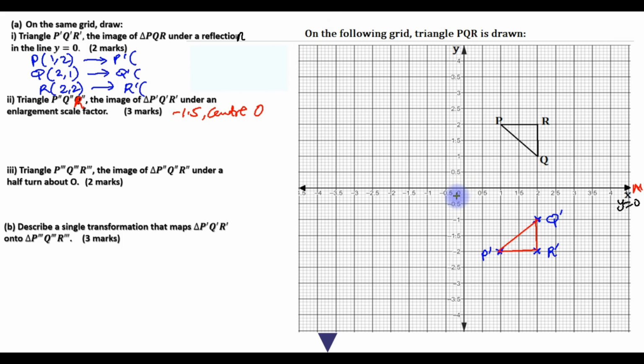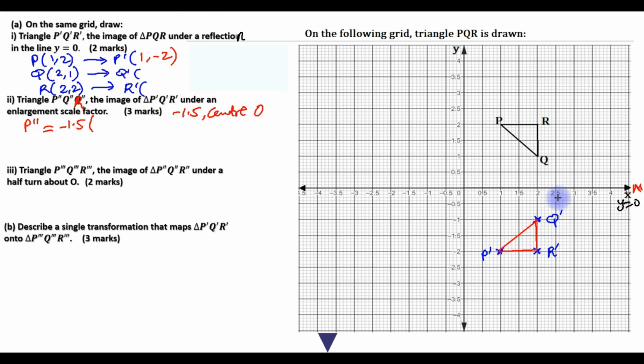So we need to get P double prime. To get P double prime, it will be the scale factor times the coordinates of P prime. So that will be minus 1.5 times the coordinates of P prime, that is (1, -2).